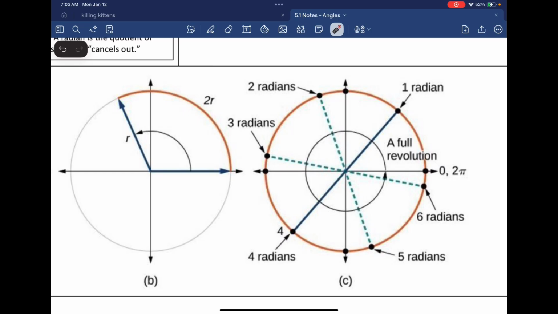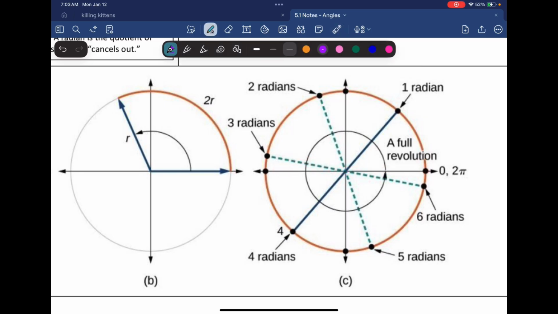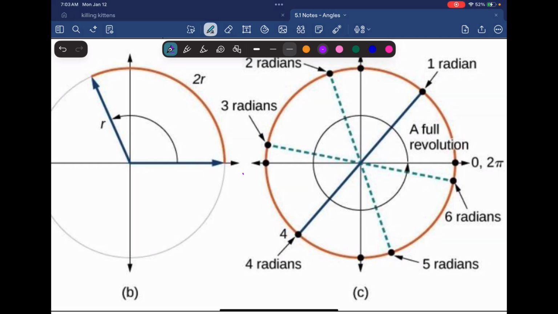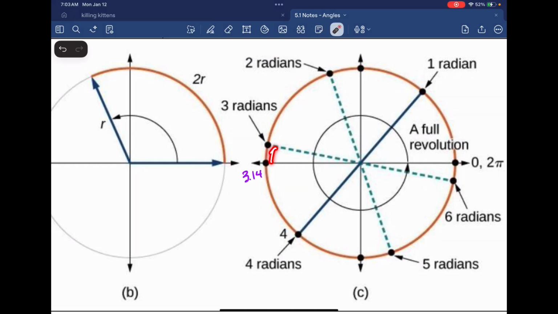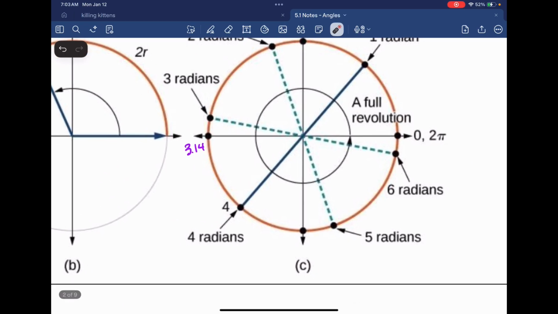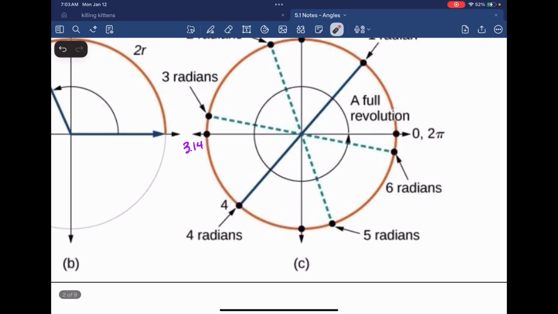So 3 radians takes me to almost half a circle. If you remember, the decimal equivalent for pi is 3.14, so 3 radians is a little less than that. When we go all the way around, it's just a little bit more than 6 radians.